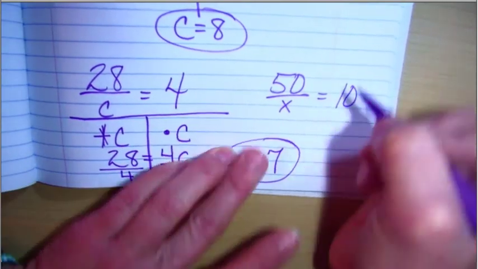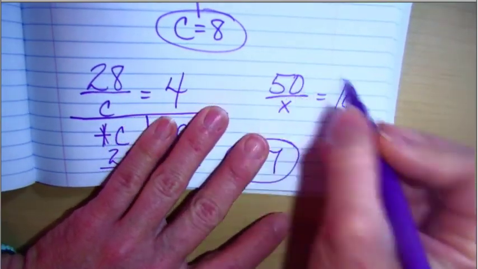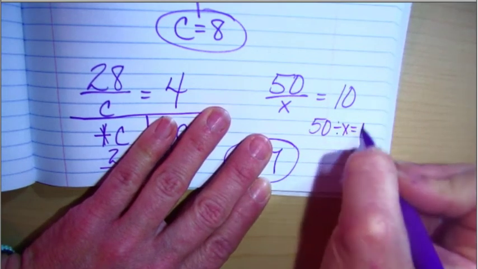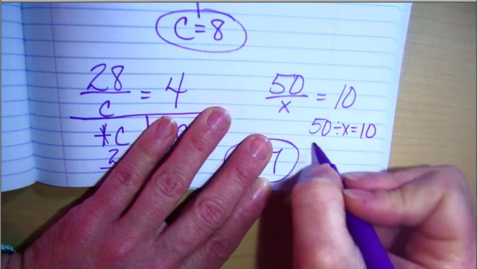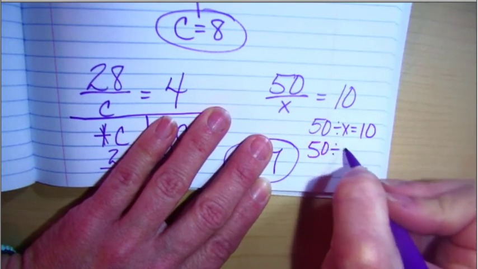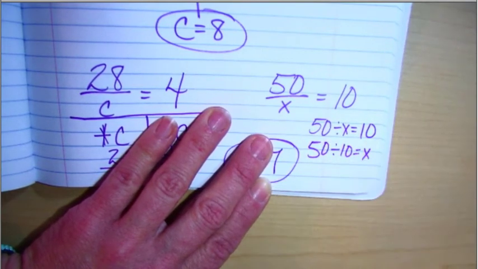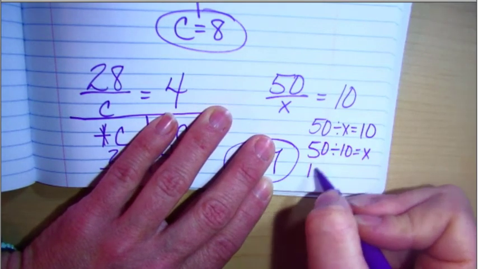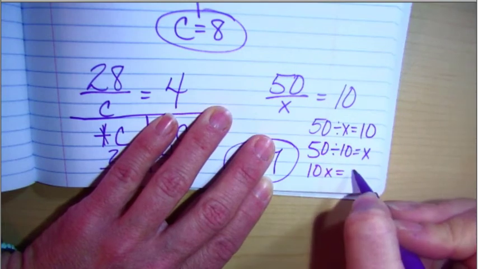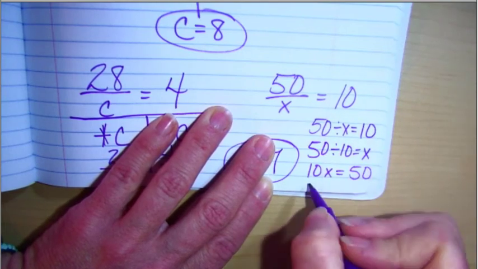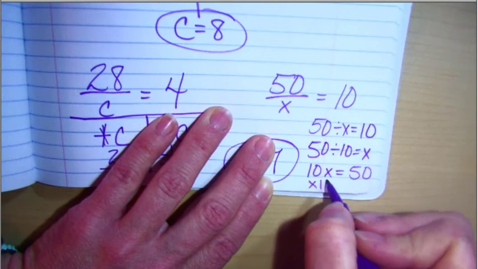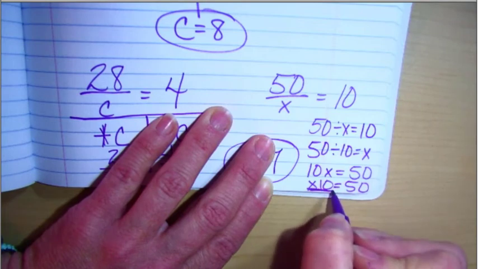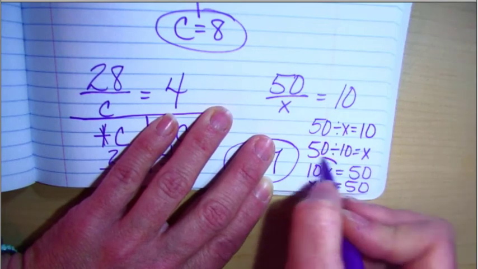But remember, if I want to rearrange this problem, I could say 50 divided by x equals 10, right? I could switch it and say 50 divided by 10 equals x, and it means the same thing, right? I could say 10 times x equals 50, or I could say x times 10 equals 50, but nobody ever writes an equation this way because coefficients are always that way.